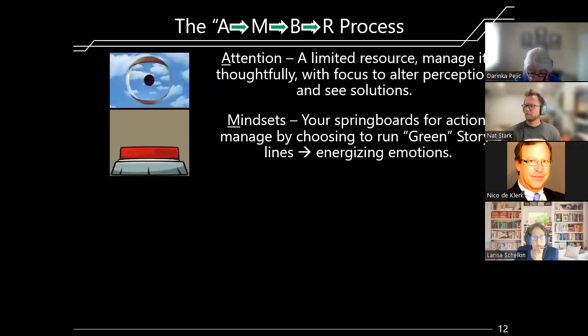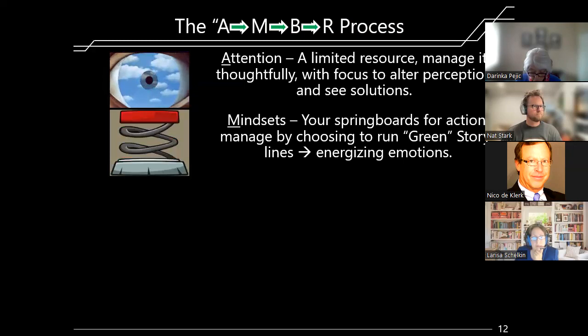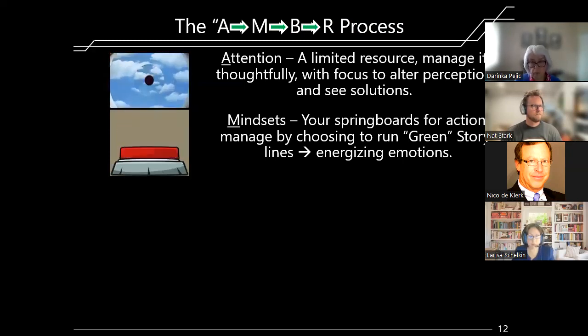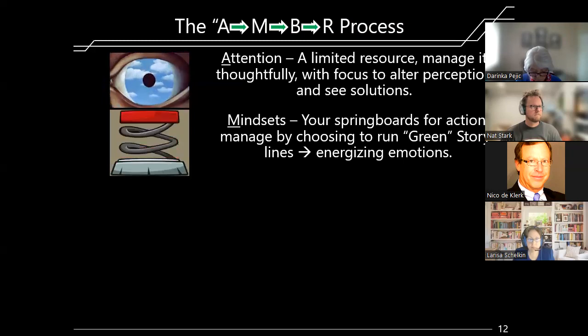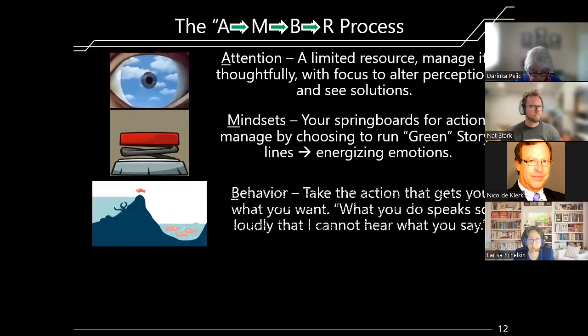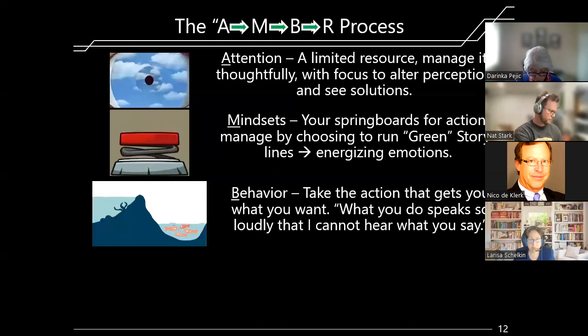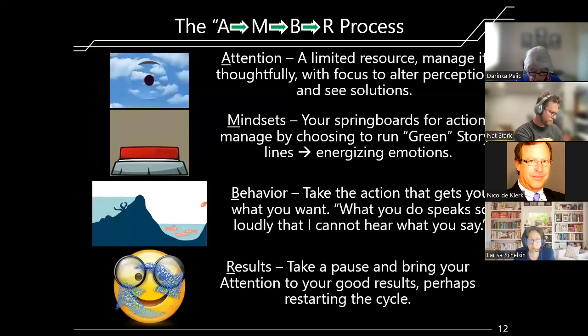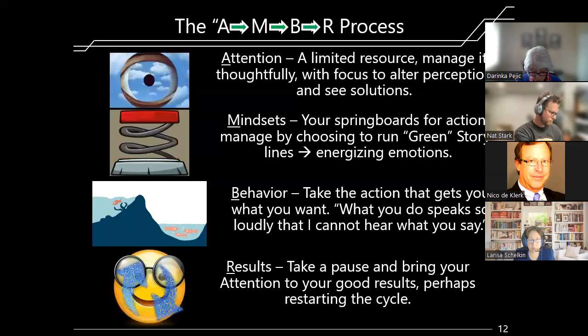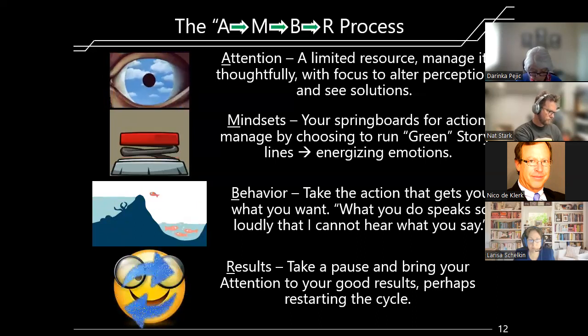The way you do that is to analyze what you're thinking and take red storylines, name them as such, and substitute green ones, which include, in the most simple, easy case, empathy and accountability. The green and the orange, the two diagonals. That supports your behavior, taking the action, and then finally, getting a positive result will help you do this again and again and again.